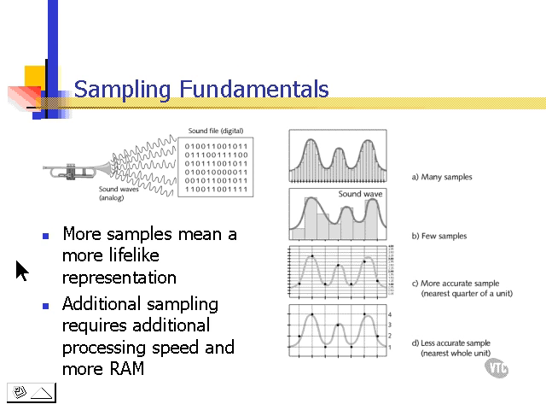In other words, if we have many samples versus few samples, the smoothness of the representation will be noted in our mind. And it will, whether we can see that consciously or whether we just pick that up unconsciously, it will make a better presentation.